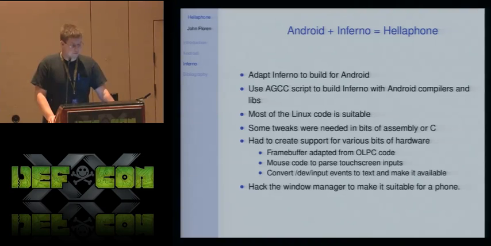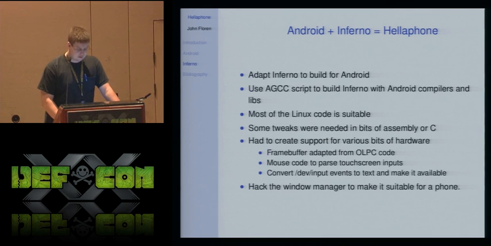So basically for every device we had code to parse each touchscreen event and convert it to movements of the mouse, clicking of the mouse, and things like that. And we also got really sick of dealing with the binary output from these input files, so we wrote code to convert them to text and make that available to all the other Inferno code. That saved us a lot of time because then we just dealt with text.